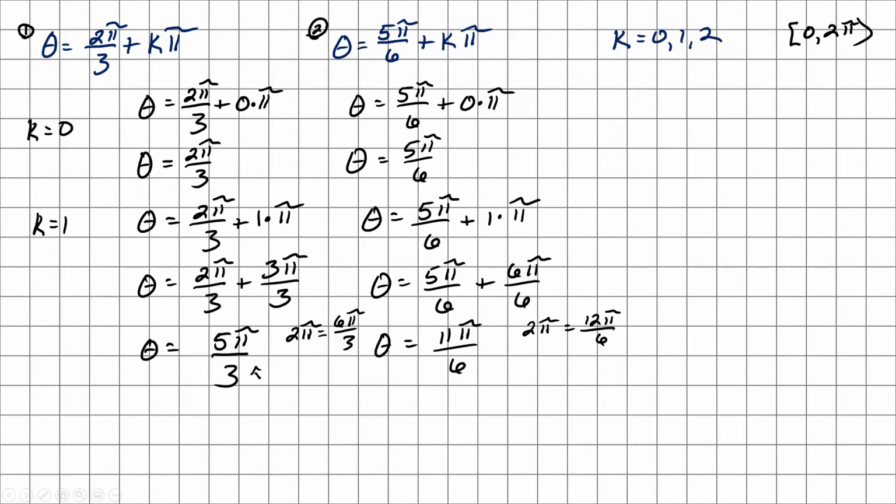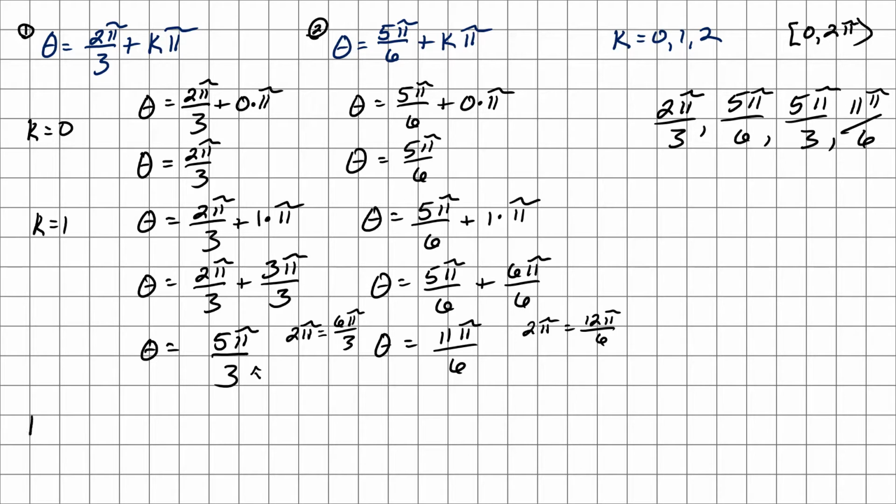Once again, 12 pi over 6 is greater than 11 pi over 6, so 11 pi over 6 works. Which means that now I've got more than just a couple of values here. I have 2 pi over 3, I have 5 pi over 6, 5 pi over 3, and 11 pi over 6.